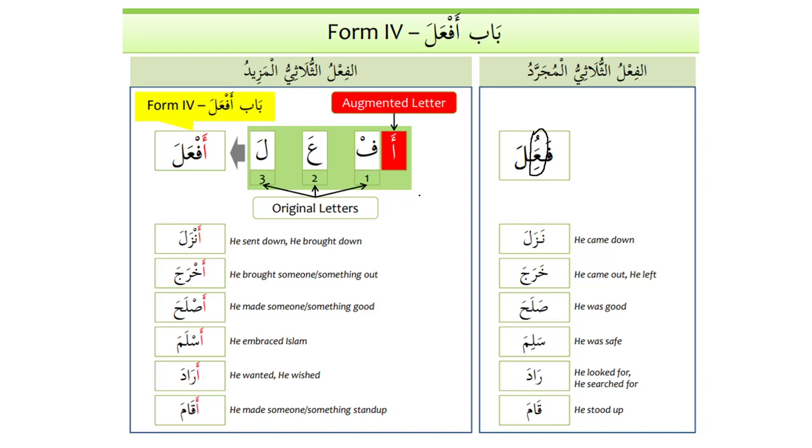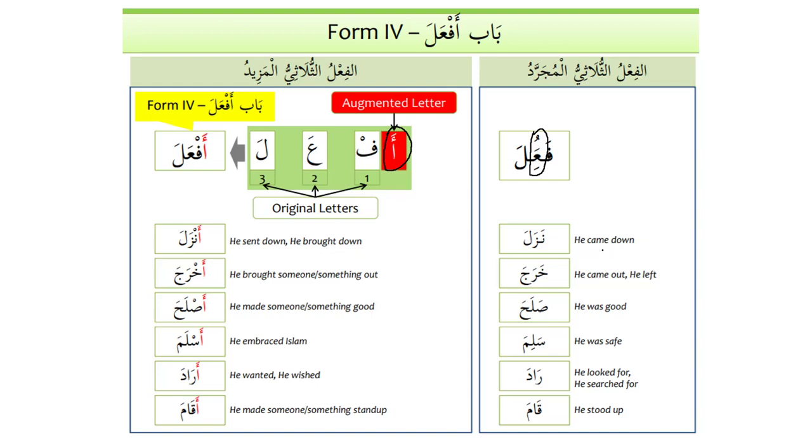When we take it into form number 4, the root letters remain the same, and a hamza is added to that, which is called augmented hamza or extra hamza or derived hamza, and it changes the lazim into mutaaddi. That's why it is also called hamzatu ta'diyah, the hamza of making something lazim into mutaaddi.